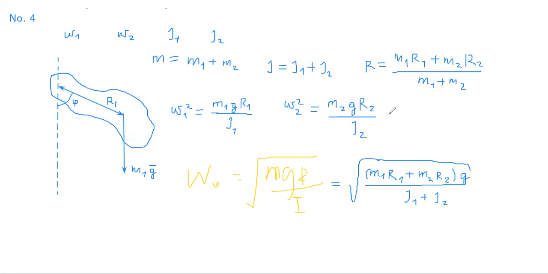Okay, and we can find from here that m1 r1 is equal to omega 1 to the power of 2 multiplied by I1 divided by g, and m2 r2 is equal to omega 2 squared I2 divided by g.